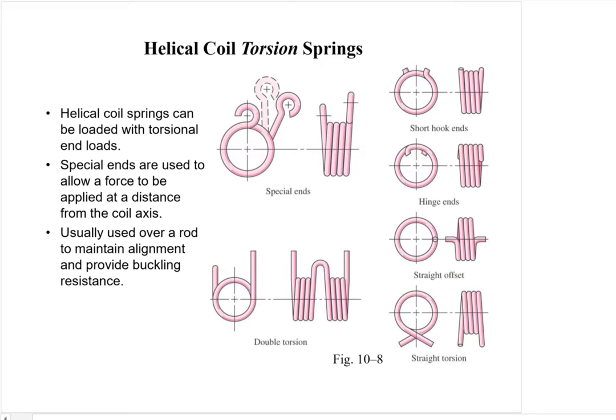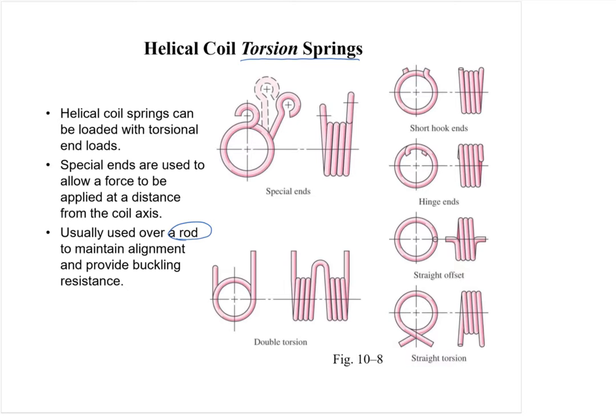You can also use helical coil springs as torsion springs. Usually these have a guide rod to maintain alignment and prevent buckling. These things are everywhere. All sorts of different ends to these. But last time I saw one of these was on a Weber grill. They're actually used to hold the ash pan in place.